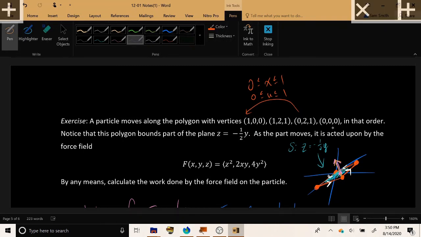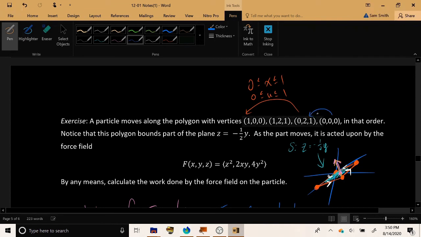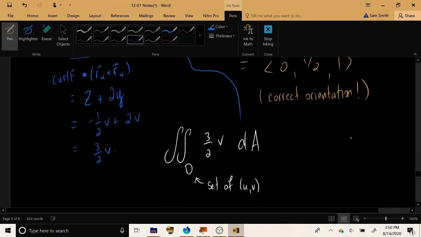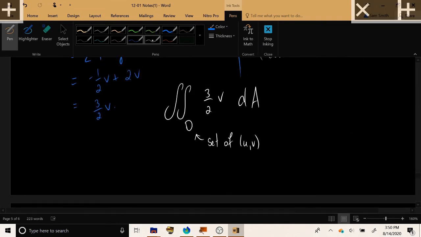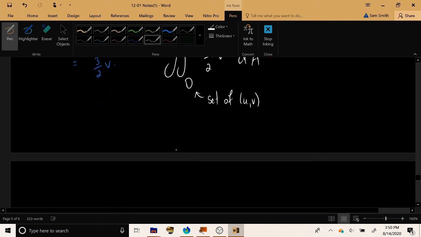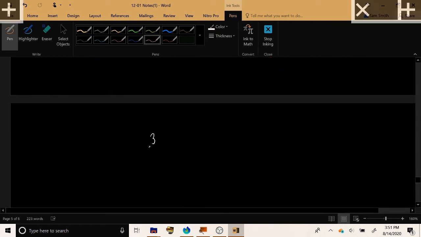We also have y coordinates, which are ranging between 0 and 2. And since y is being represented by v, those are going to be the limits for v as well. So let's integrate this function, 3/2 v, as u goes from 0 to 1, and as v goes from 0 to 2.